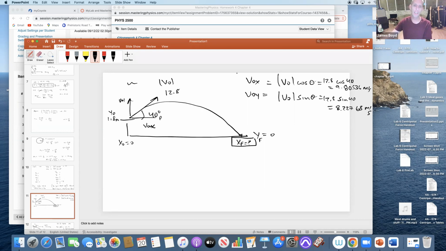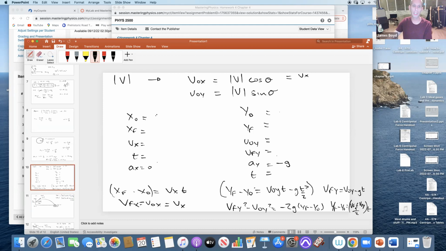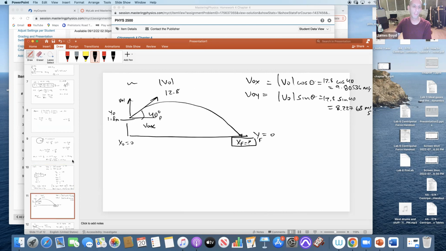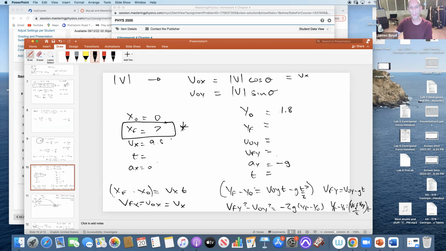We need to again find X final. Just like before, we don't know the time. So we're going to find the time, and then we're going to find how far it went. X initial was 0, Y initial was 1.8. X final is unknown, but that's what we want. V initial of X was 9.80536, and T is unknown.